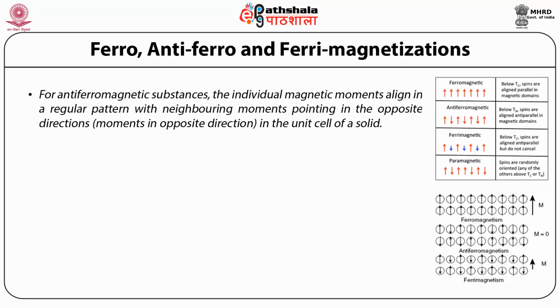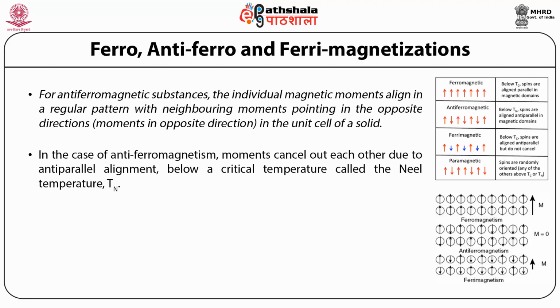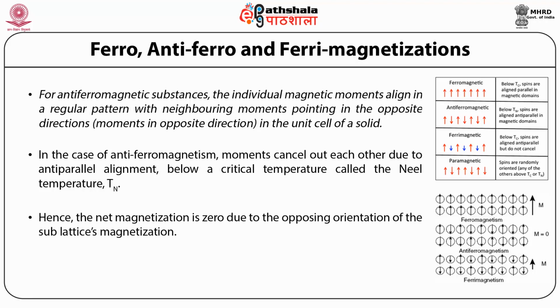In the unit cell of the solid, in the case of anti-ferromagnetism, moments cancel out each other due to anti-parallel alignment below a critical temperature called the Néel temperature, Tn. Hence, the net magnetization is zero due to the opposite orientation of sub-lattice magnetization. Anti-ferromagnetic materials are like paramagnets above Tn.